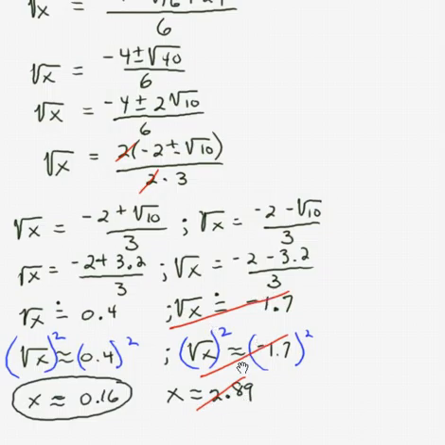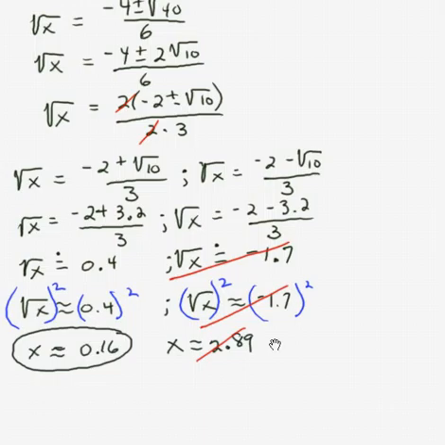Now what's with all the red ink lined out? Well, remember that when you square both sides of an equation, you must check your answers in the original equation to see if it works or if it doesn't. And what I did in this particular one is I didn't write it out for us, but I checked the 2.89. It does not work. The 0.16 does work.